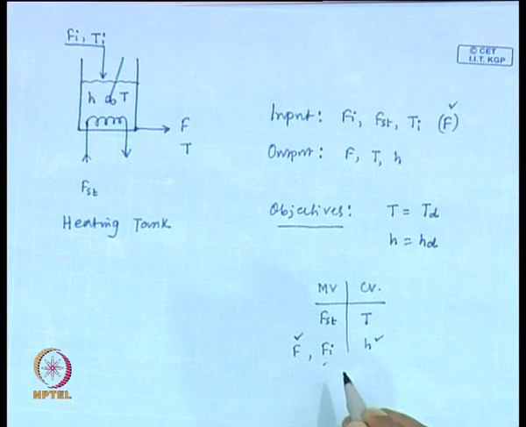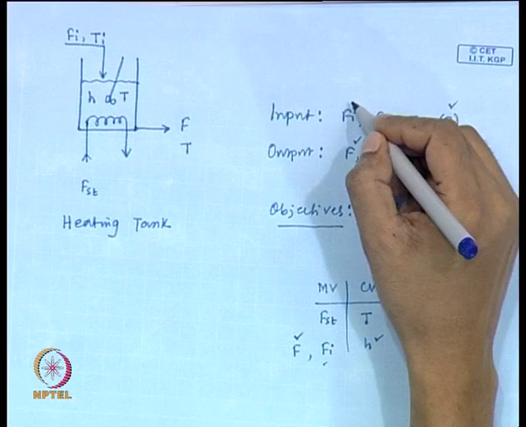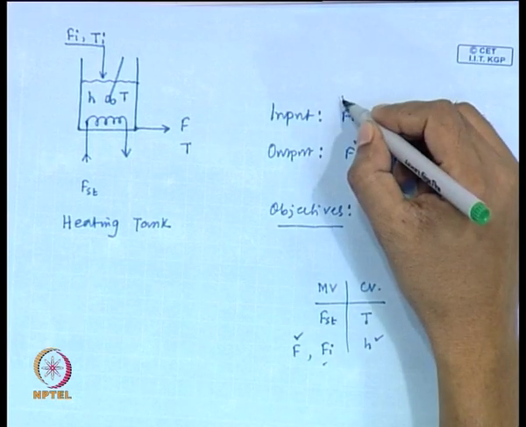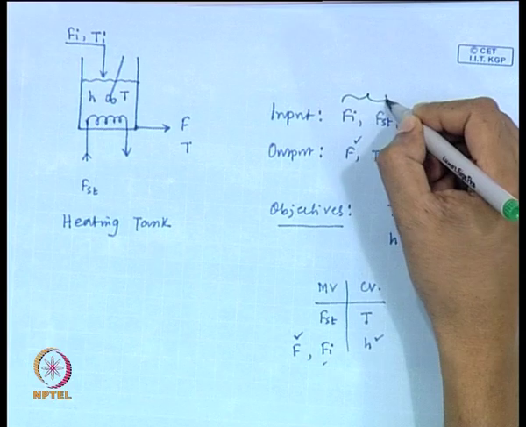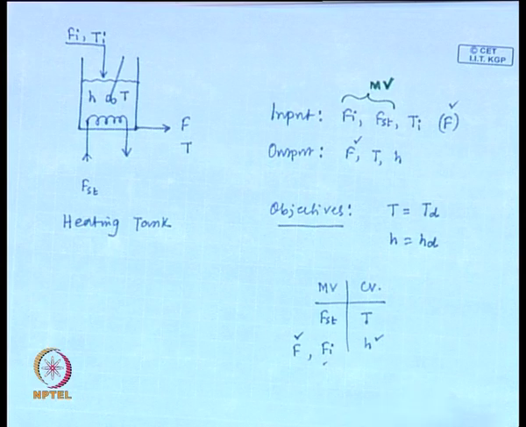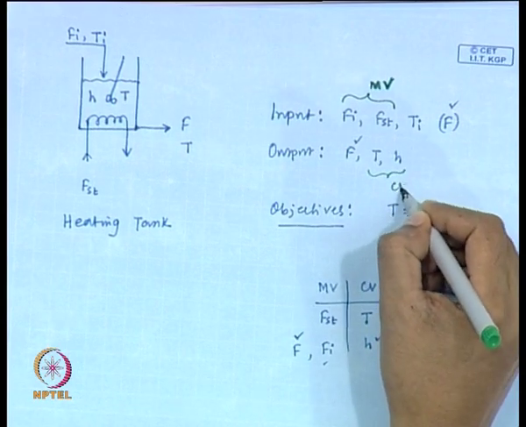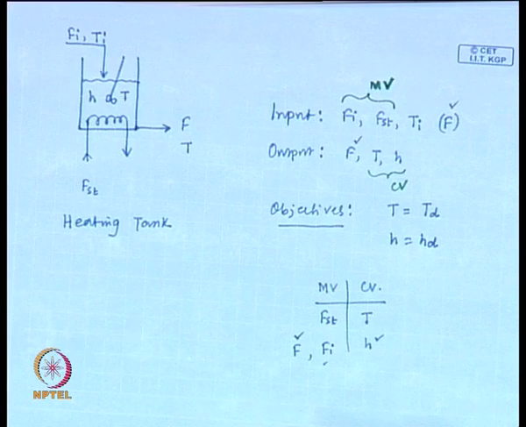If Fi is the manipulated variable, in that case F will be an output variable. So, Fi and Fst, these two are, suppose for this case, manipulated variables, and this T and height, these two are control variables. So, which one is the disturbance variable or load variable?